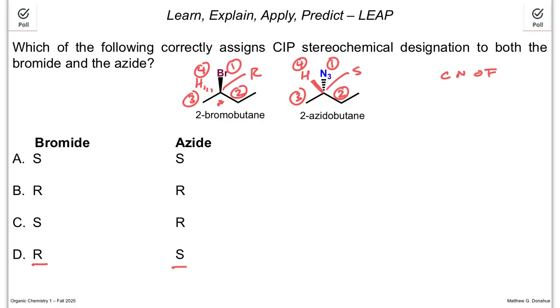So if you start with R, you can still end up with an R. That's the nature of what those elements are and how you figure out the CIP designation. So my point of all that is, still go back through, no matter what the product is, and assign priorities.